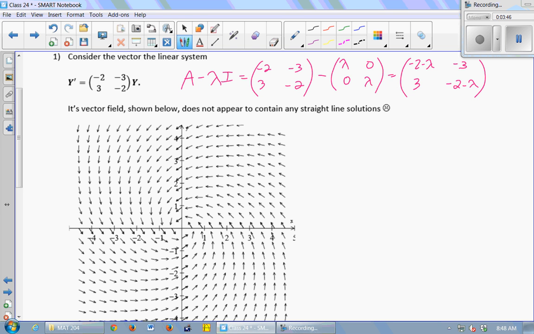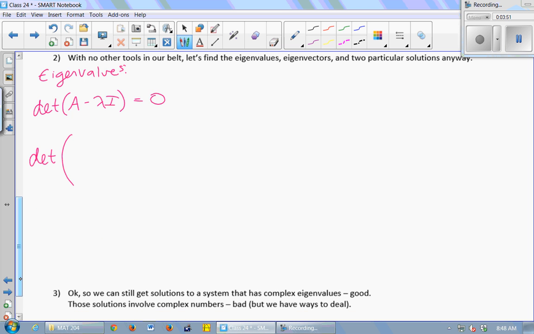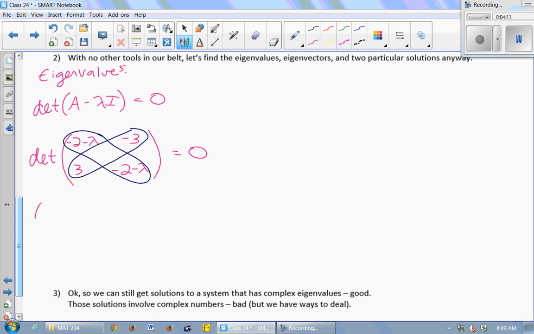Right? Okay. So I'm going to take the determinant of that and set it equal to 0. And the determinant, remember, you just do AD minus BC. This product minus this product. So I've got -2 minus lambda times -2 minus lambda minus -9.